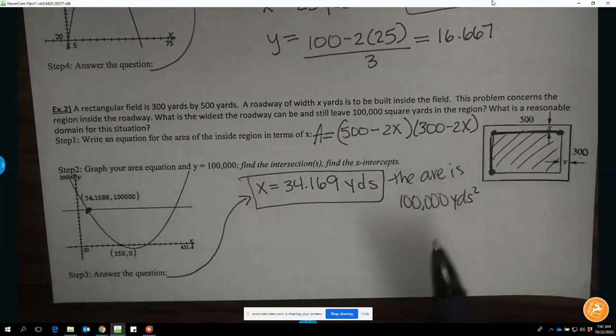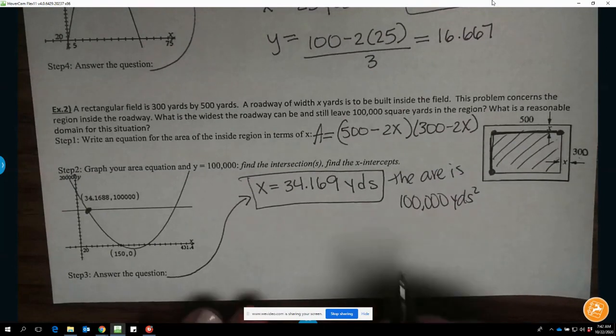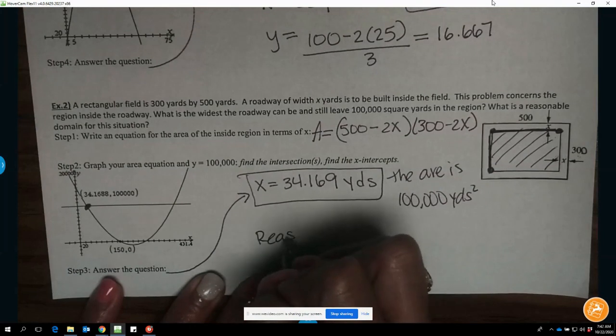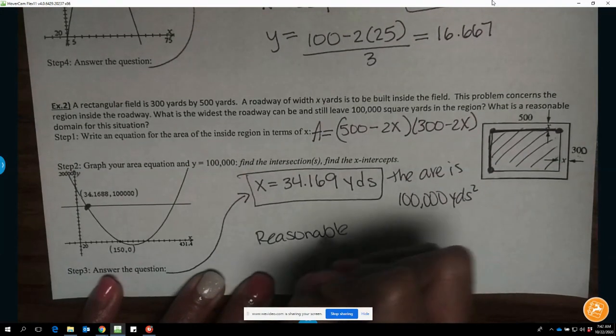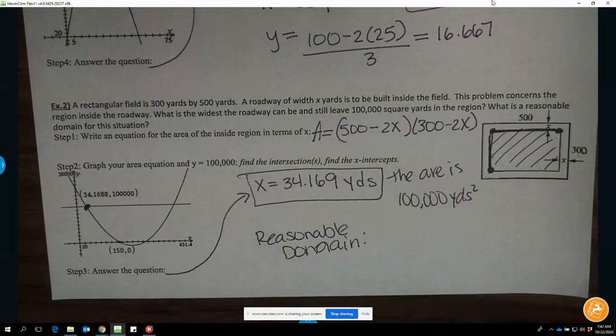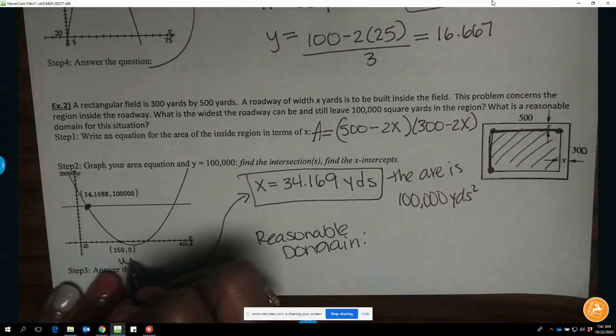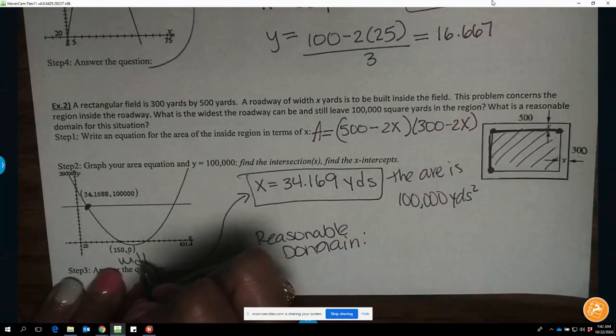And then the next one has to do with the reasonable domain of the situation. So for my reasonable domain, we're just going to call it the domain for the situation. Okay, the domain for the situation is going to be our x. Remember, x is the width of the roadway.